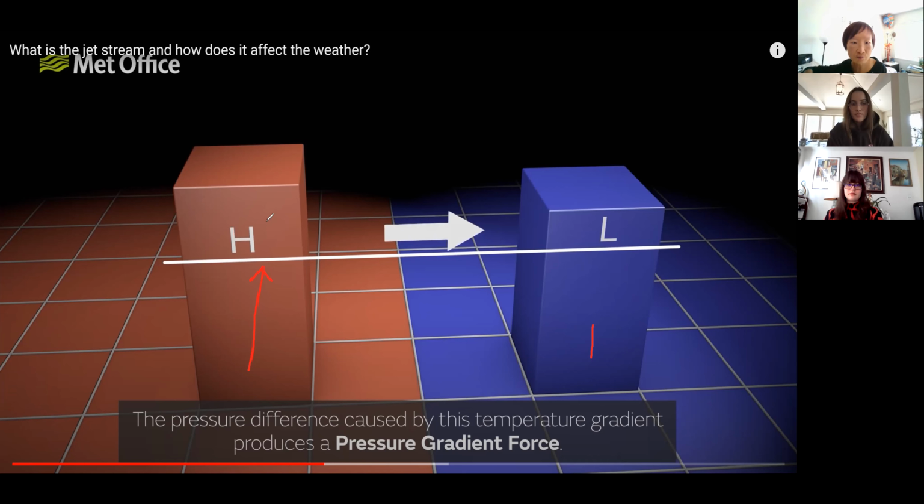If you're standing here, at the same level, remember we always compare the air pressure at the same level, you will have more air molecules in your area striking on you that create this high pressure, because you have the rising air. You will have more air molecules if you're standing here, as opposed to here.